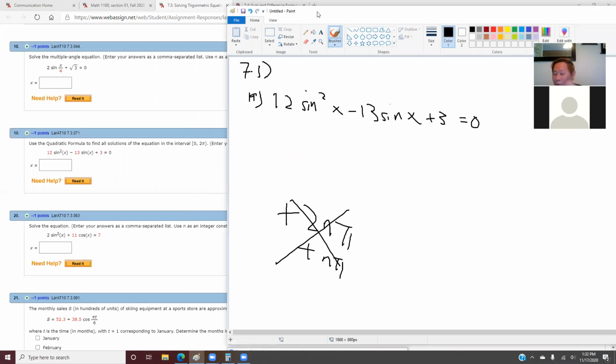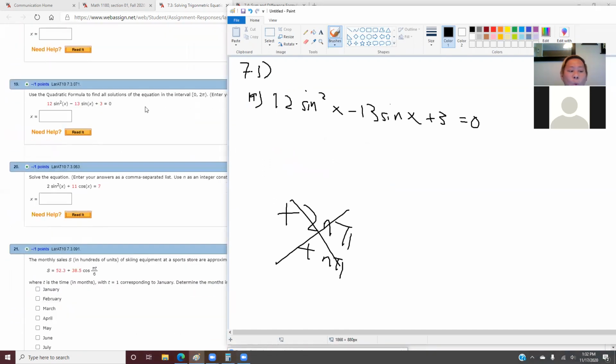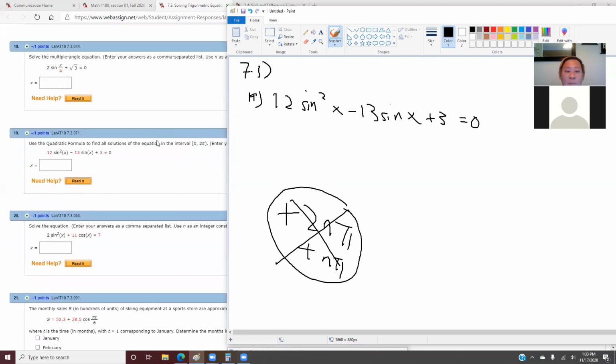Multiple people asked me, I think about question 7, because the video gives the answer in this form, but when they type it in, it's wrong. So like question number 19, which form do they want? The one with the 2n pi or the one without? Without it. How do you know that, Parker? It says 0 to 2 pi, so it's very good.